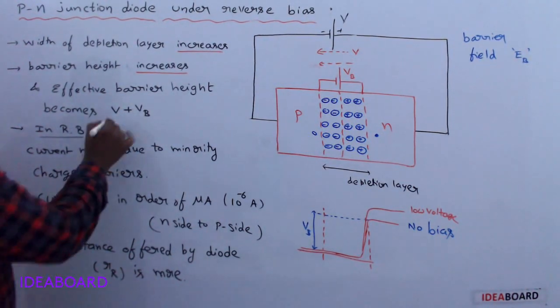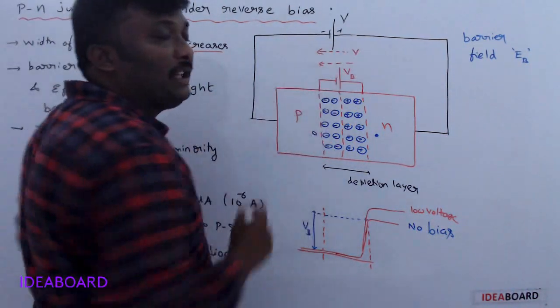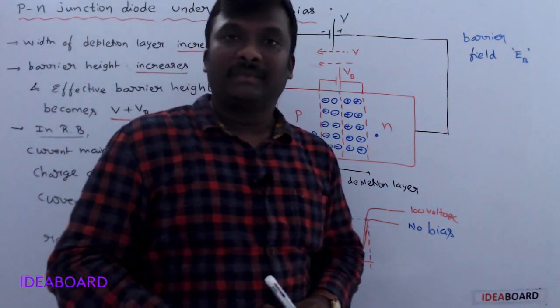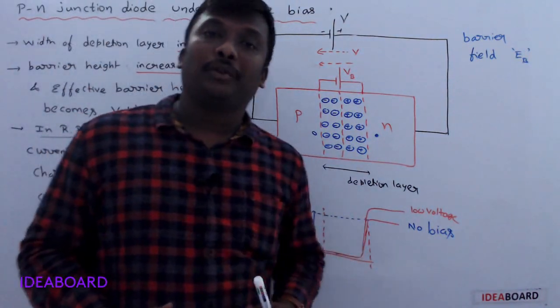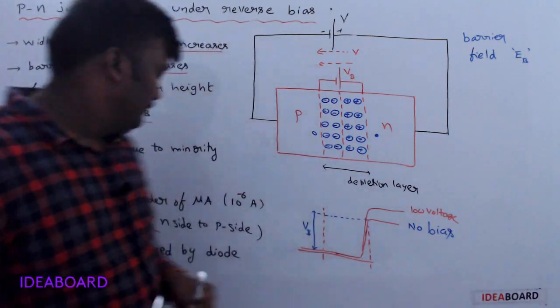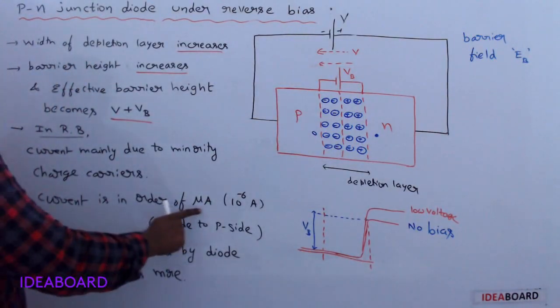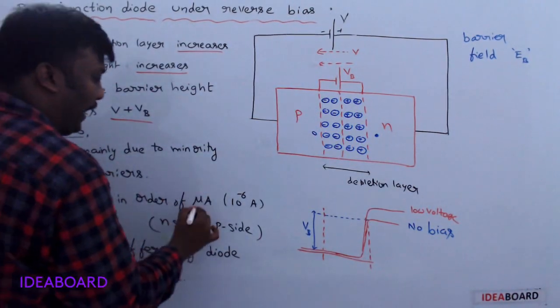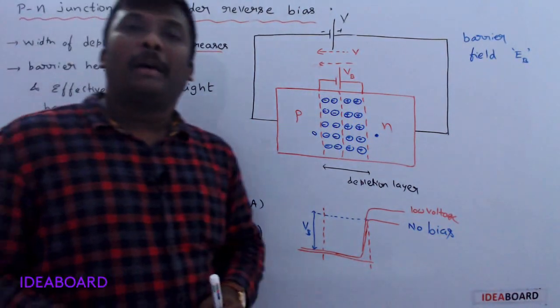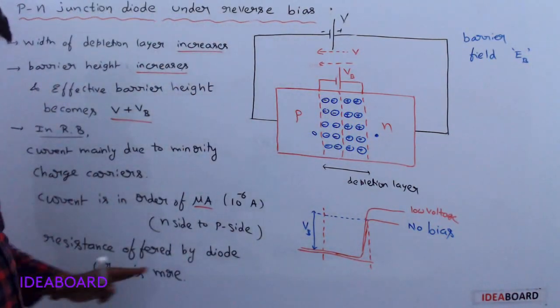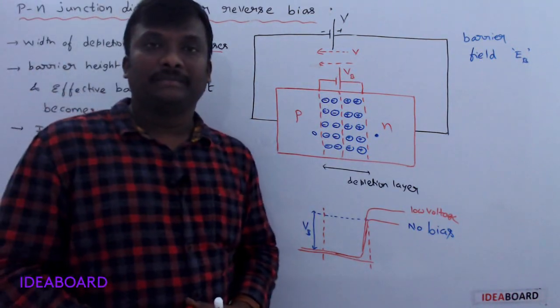Why V plus VB? V and VB are both in the same direction. Understand? Now, in reverse bias, current is mainly due to the minority charge carriers and it is measured in the order of microampere. The direction of current is from N side to the P side and it offers more resistance.